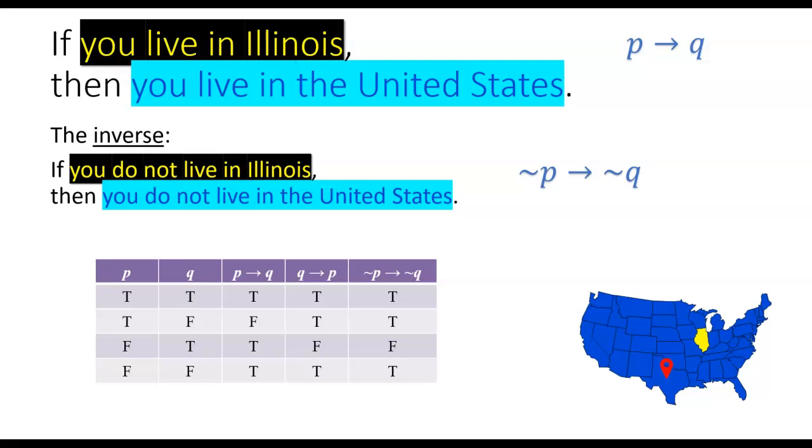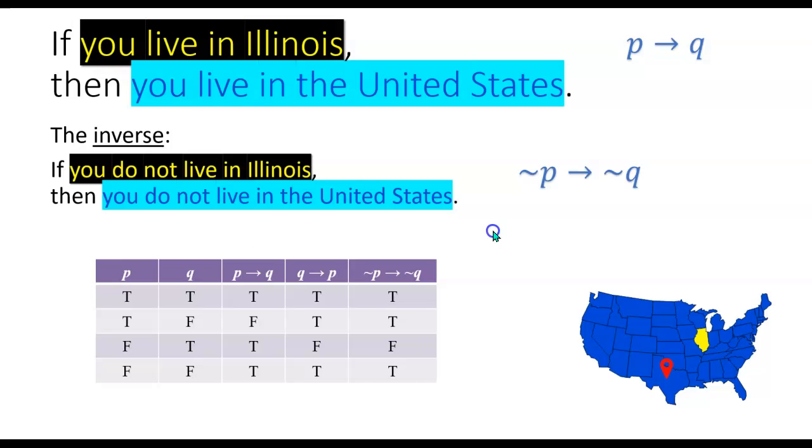Just like with the converse, the inverse of a true statement is not necessarily true. It's possible for you to not live in Illinois, but still live in the United States. That is, it's possible that you do not live in Illinois could be true, but you do not live in the United States could be false.